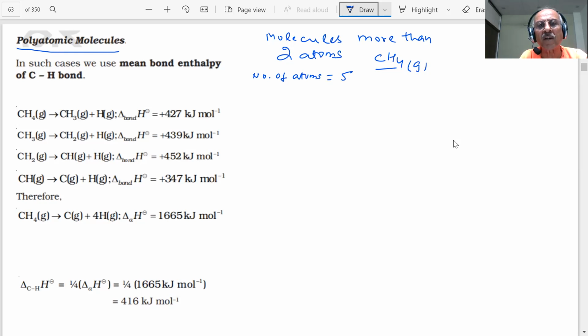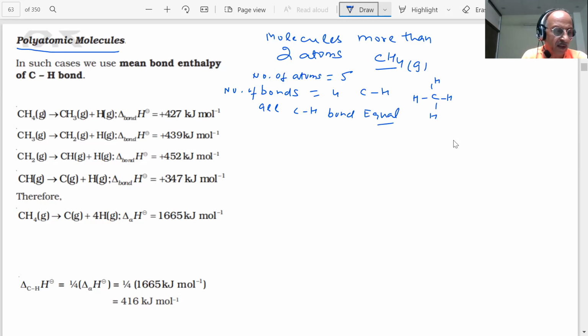How many bonds are there? In CH4 there are 4 CH bonds. The interesting thing is that all the CH bonds are equal in bond length.